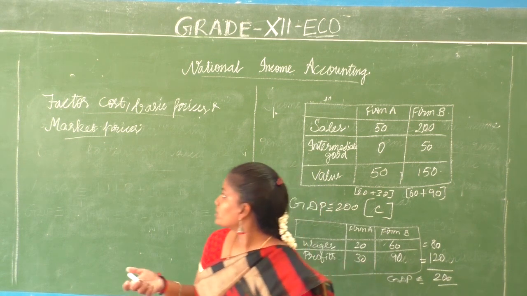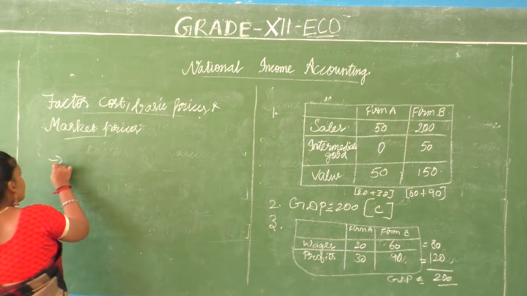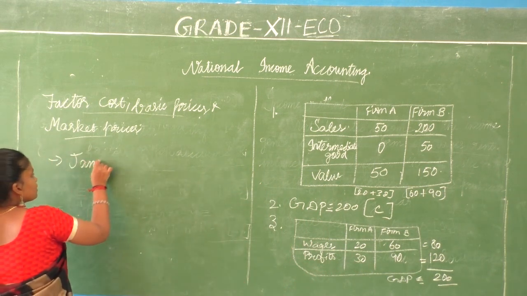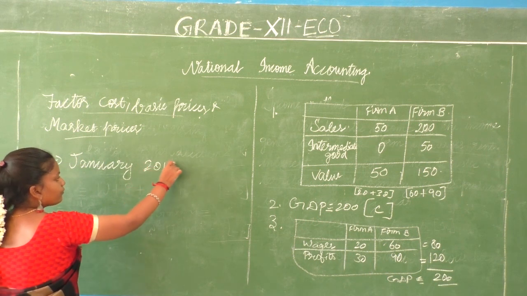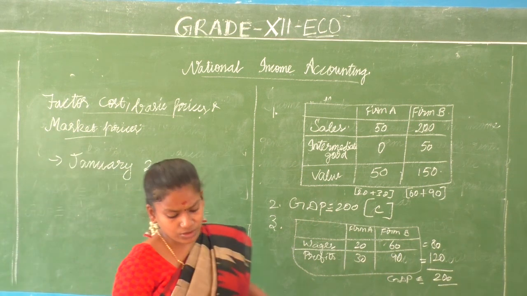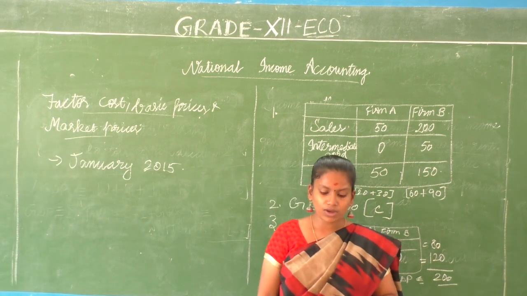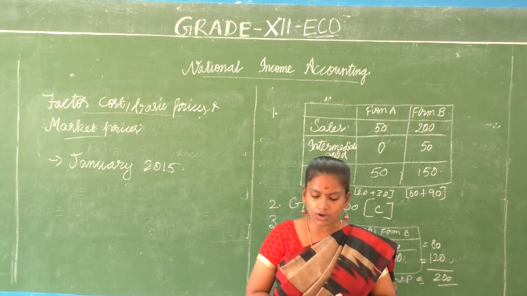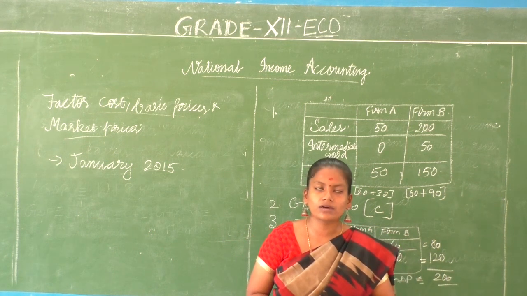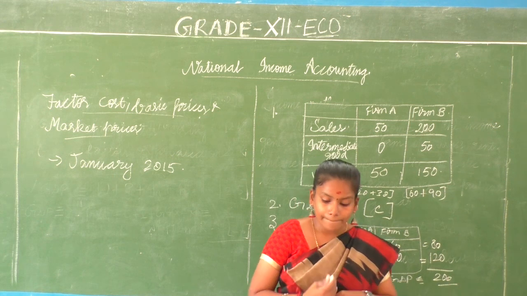But from January 2015, when the revision came, children, what is happening after January 2015? The CSO has replaced the GDP at factor cost with what? GVA, the gross value added at basic prices.